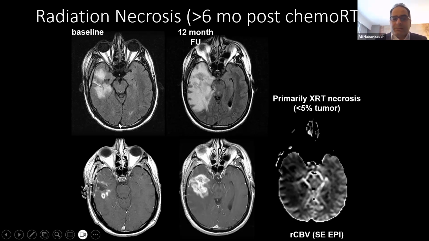Like you see here, in the baseline imaging there is some enhancement, with significant increase on follow-up imaging after 12 months, but perfusion imaging almost does not show any increased perfusion. This patient underwent resection, and it turned out we were dealing mainly with treatment effect and not progressive neoplasm.